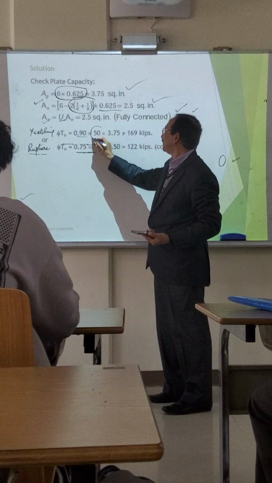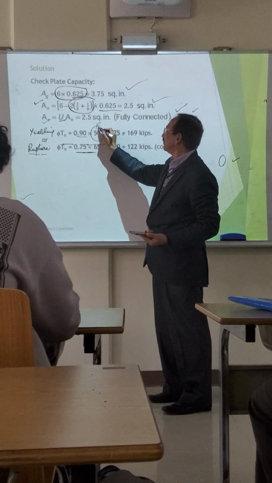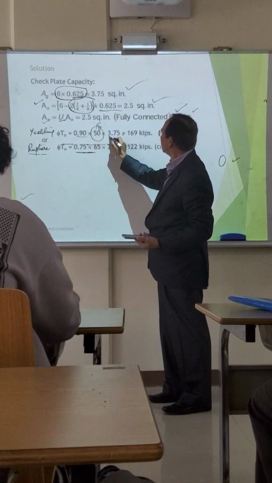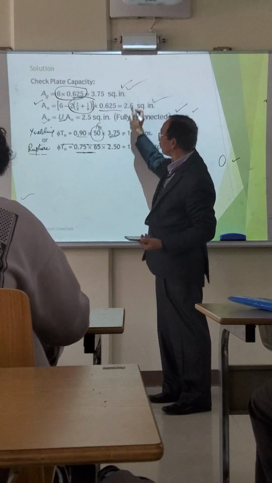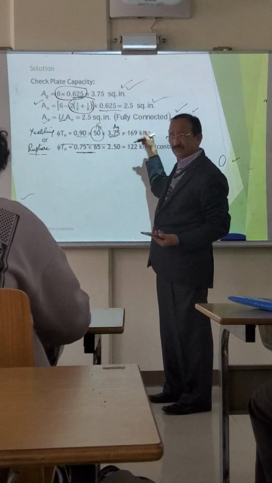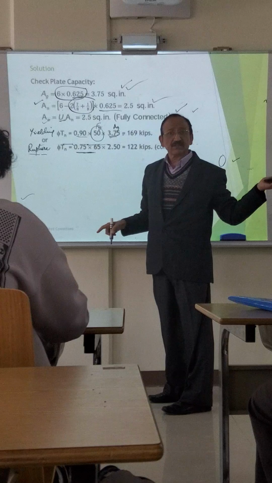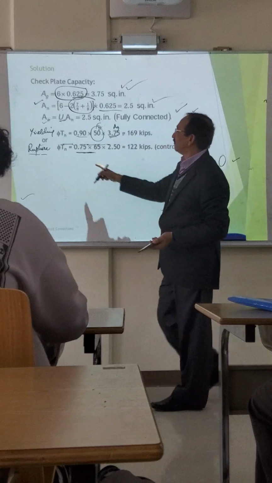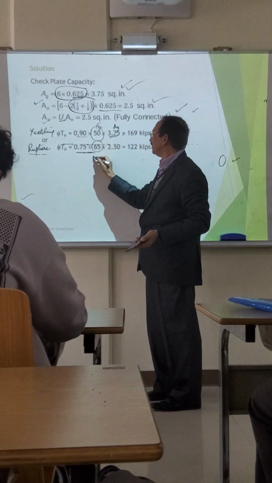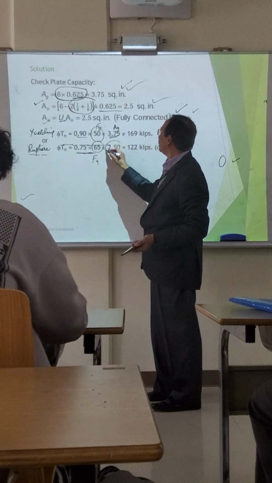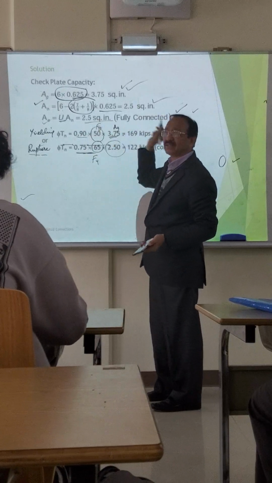0.9 into 50, this is for steel grade Fy value, and this is your gross area, Ag. This is the formula which you have used in the previous chapter. Okay. Then for rupture we use the Fu value, and here we use the net or effective area.